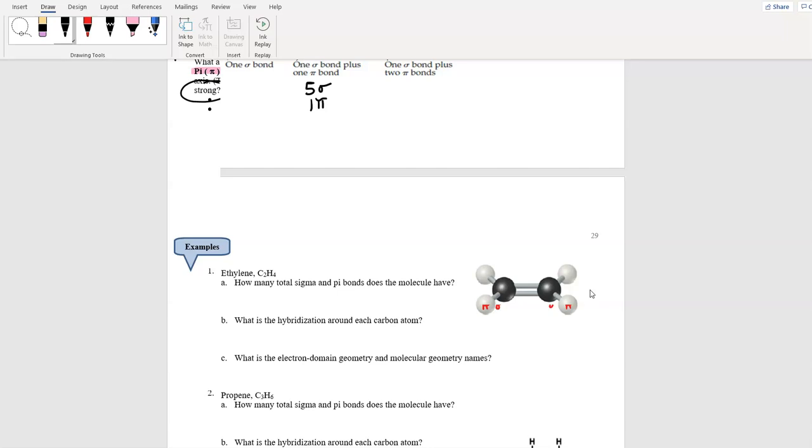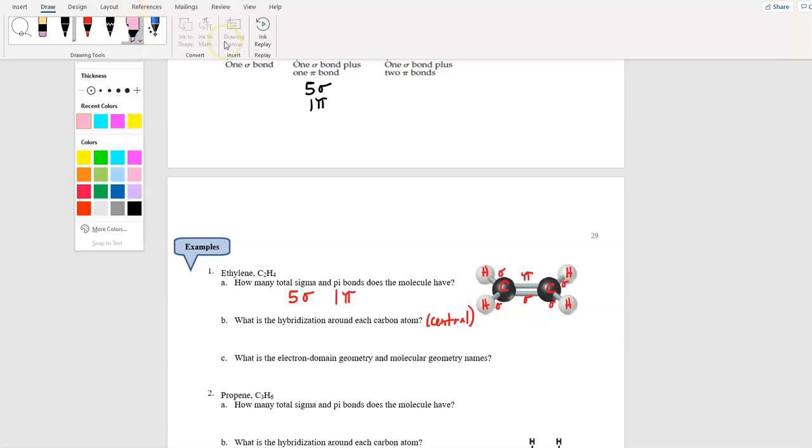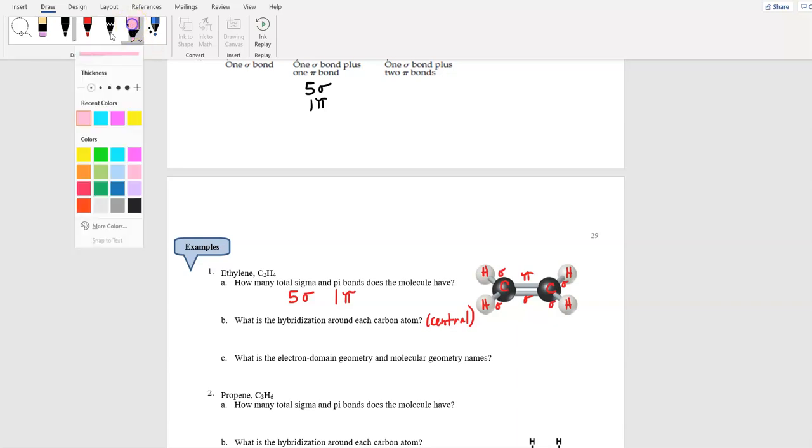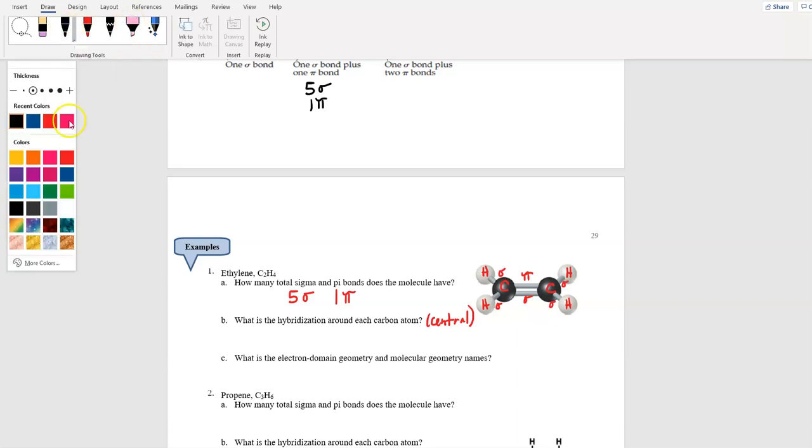What would be the hybridization around each carbon? Because remember, hybridization, we only look at the central atom. Problem is we have 2 central atoms. We have this carbon right here, and I don't think it's going to let me highlight that structure. Nope, it's not going to like it. So with this carbon right here, let me do it in a different color. We'll go pink.